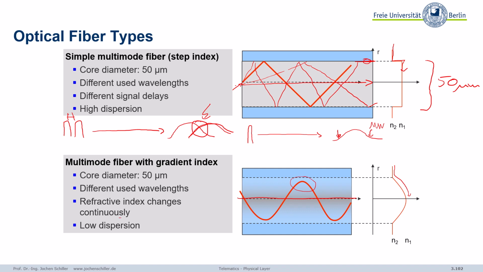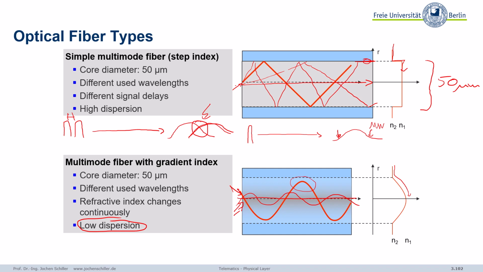So in the end, yes, we have different modes here. You see, depending on the angle at which those waves arrive at the beginning of this fiber, because it's wider, 50 micrometers.